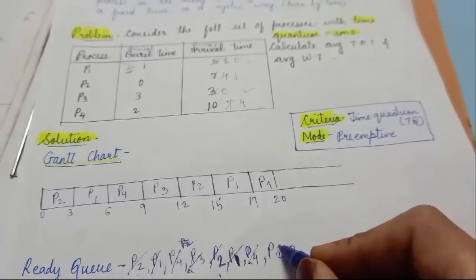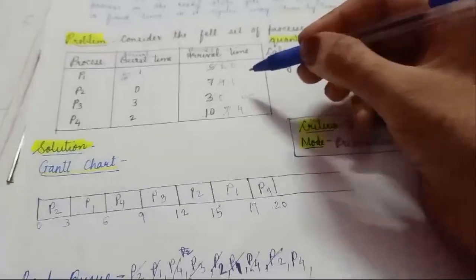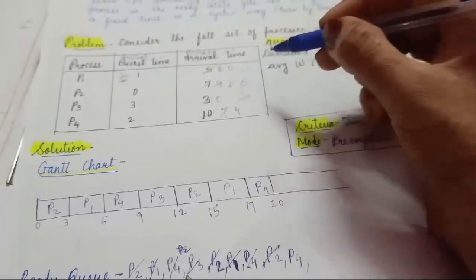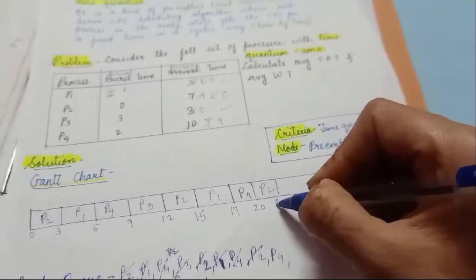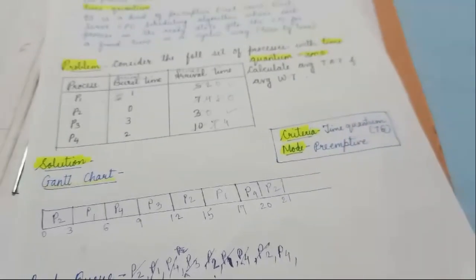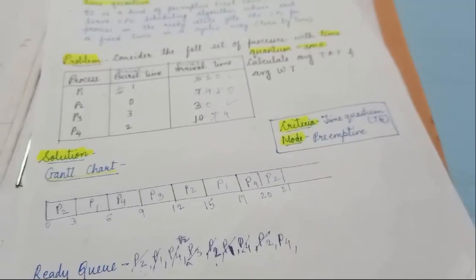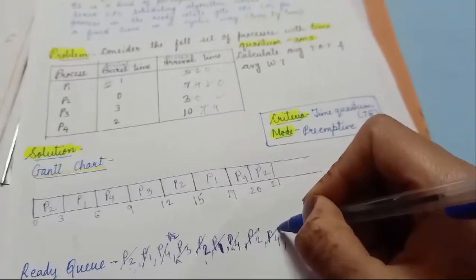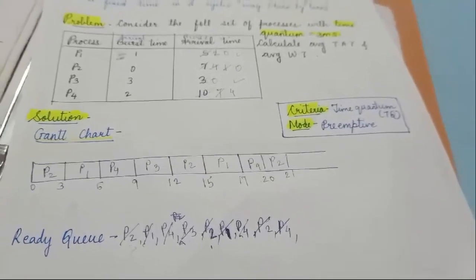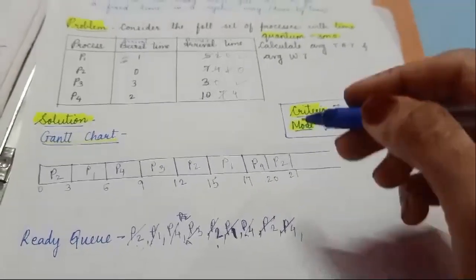Next up we have P2 with burst time 1, so it will become now 0. P2 will be 20 plus 1 is 21. Next is P4. P4 with burst time 4.